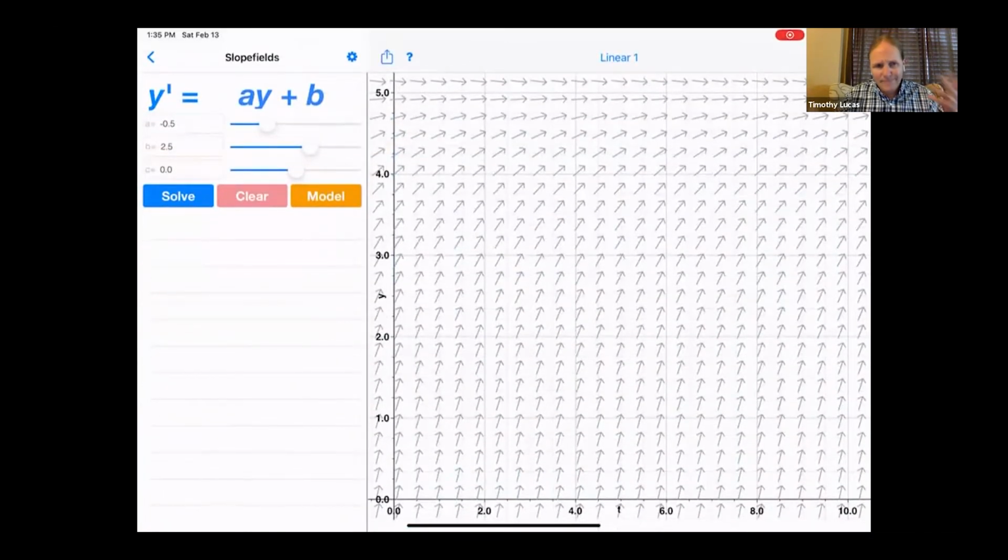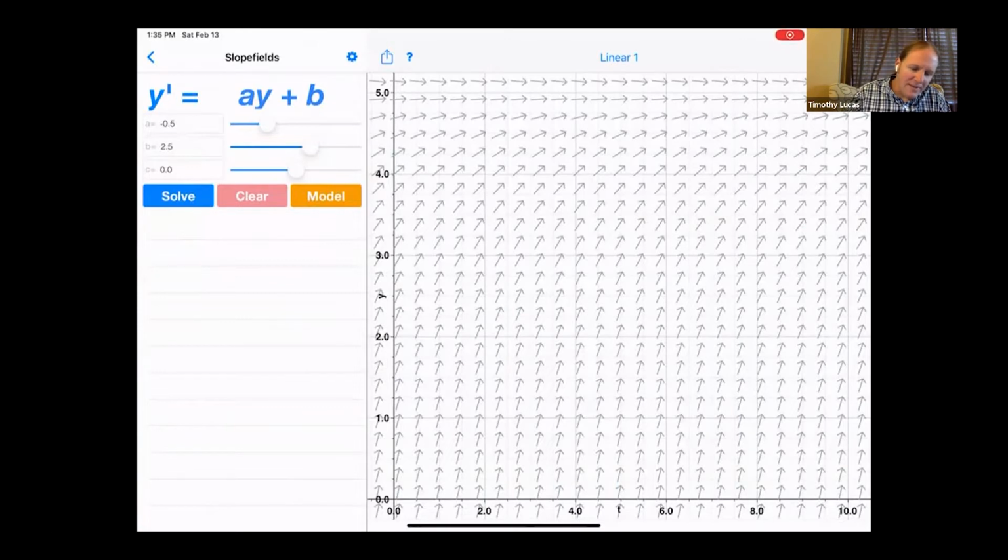But essentially, this is what happens when you open up, say, the slope fields activity. This is something that I have the students open up basically on the second day of class after we've kind of introduced what is a differential equation. And then I have activities that I've put together so that the students can just explore the world of differential equations and explore these slope fields and just try to make observations.